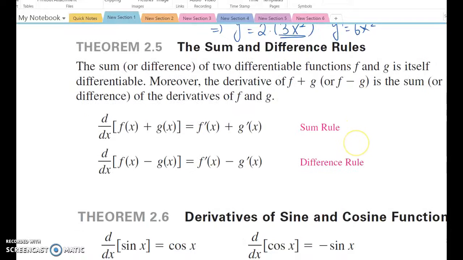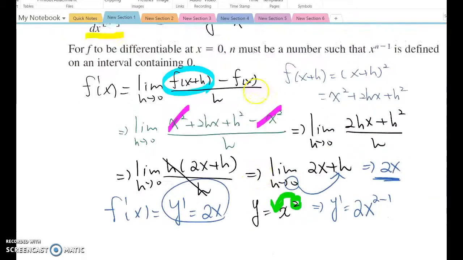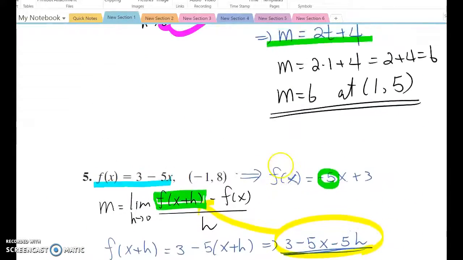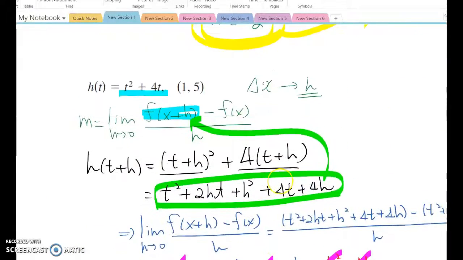Now, the sum and difference rule. Whenever the function form is f(x) plus g(x), then you just do f prime x plus g prime x. Subtraction as well: f(x) minus g(x), then you do f prime x minus g prime x. We can confirm this from the previous example, such as this question here. Look at this, please. So we have t squared plus 4t here, right?